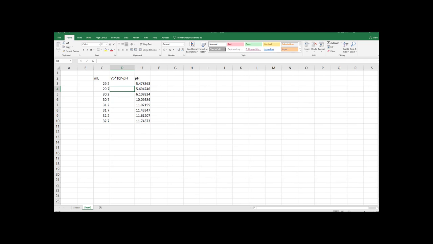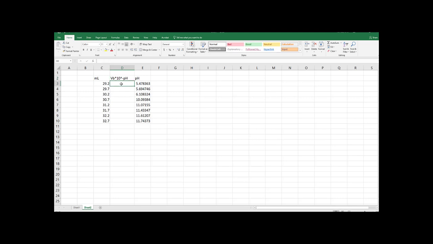It sure is. Where this multiplication comes from is a clever manipulation of the Ka equilibrium constant expression. There is a video I could refer you to if you're interested in the derivation. But for now, we're just going to follow along with what the y-axis data needs to be for the Gran plot.